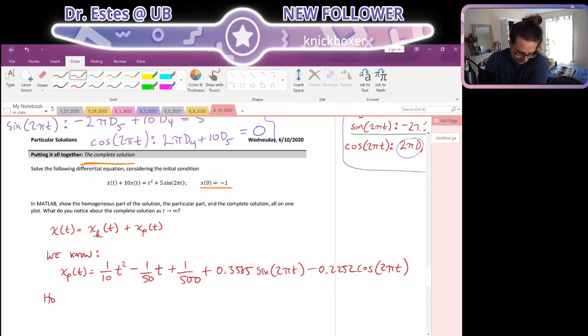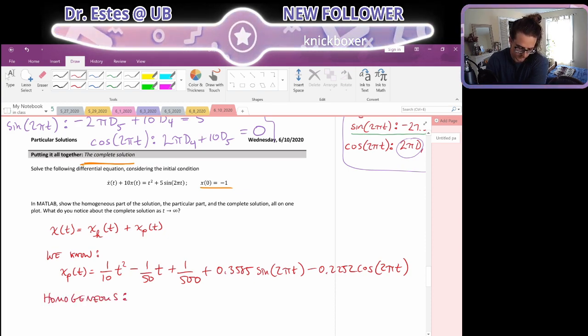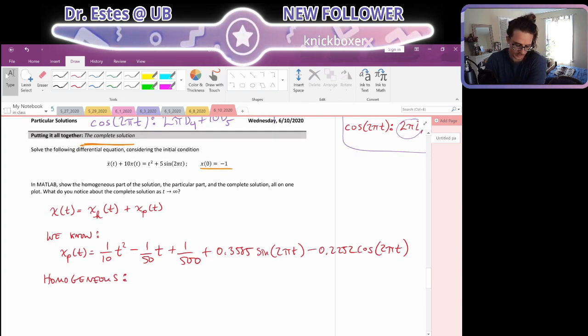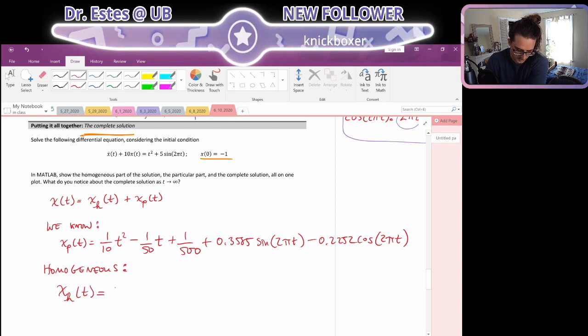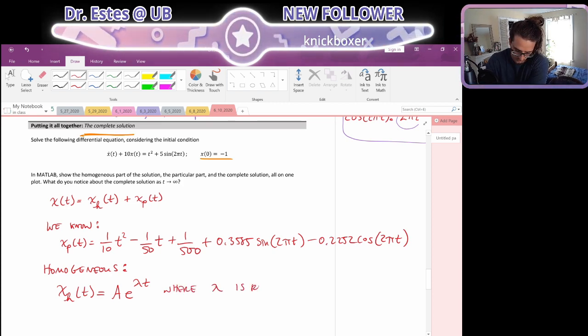All right, now let's get the homogeneous part. We know that it's going to be some coefficient a times e to the lambda t, where lambda is the root of the characteristic equation.